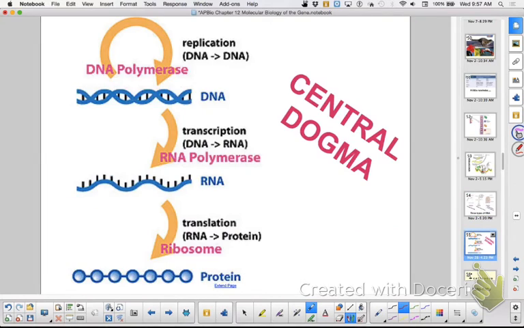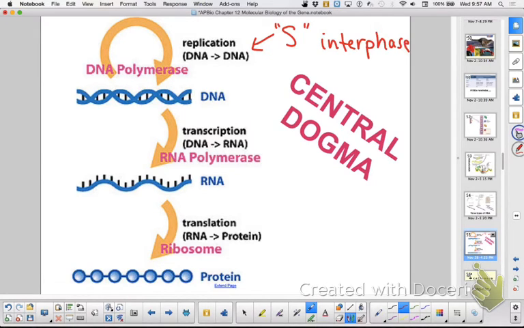Keep in mind our central dogma, okay? Central dogma says when you use DNA to make more DNA, DNA to DNA, that's just called what? Replication. When would we do replication? Yes, thank you. That's going to happen during the S stage of interphase, right?